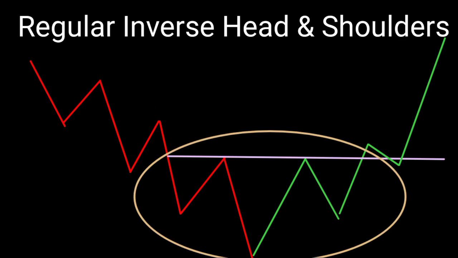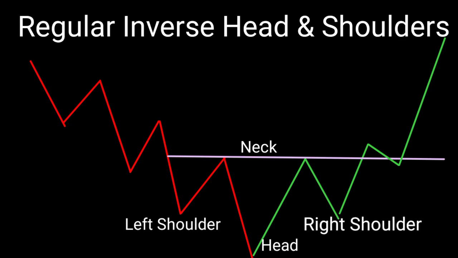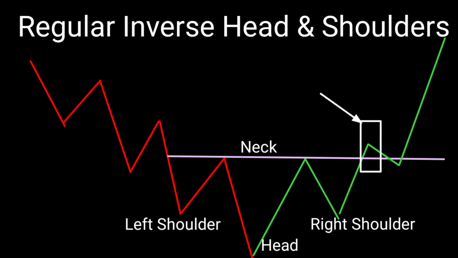So this will be your neck, and here is the head, the left shoulder and the right shoulder. So any candlestick that closes above this neck region, we say that there is a break of the neck region, and that is a signal for you to join the bulls and buy. That is the regular inverse head and shoulder pattern.